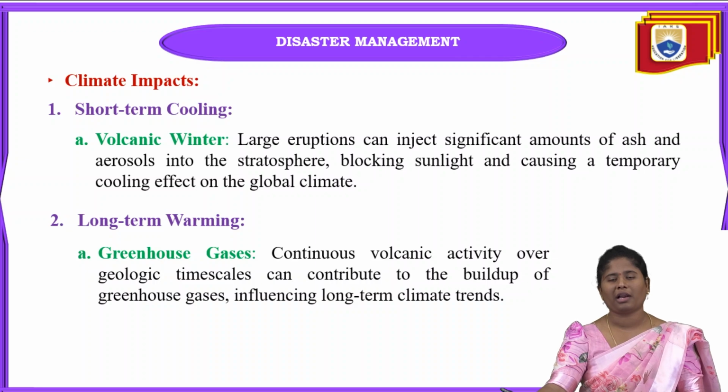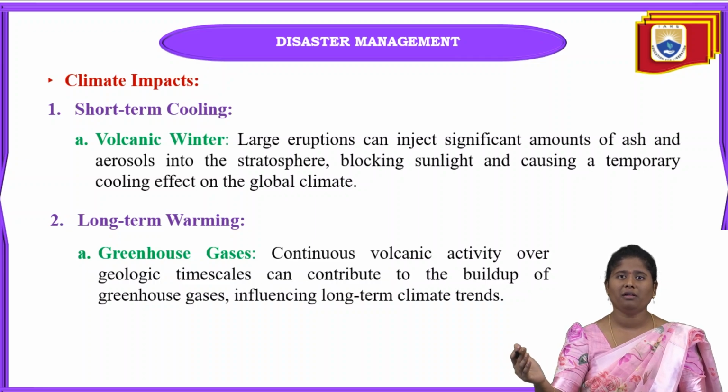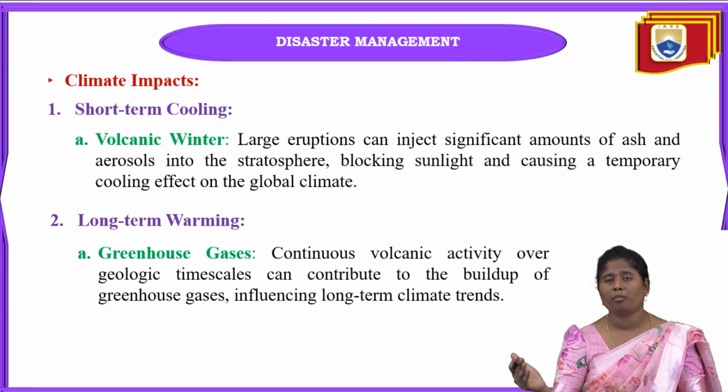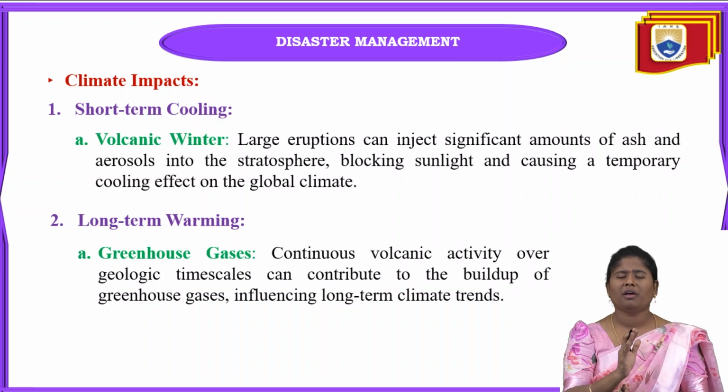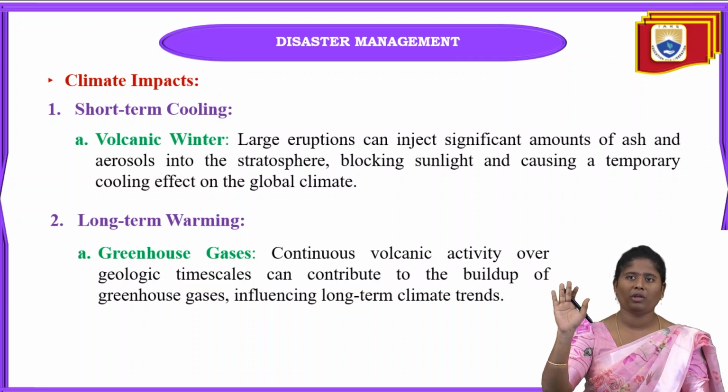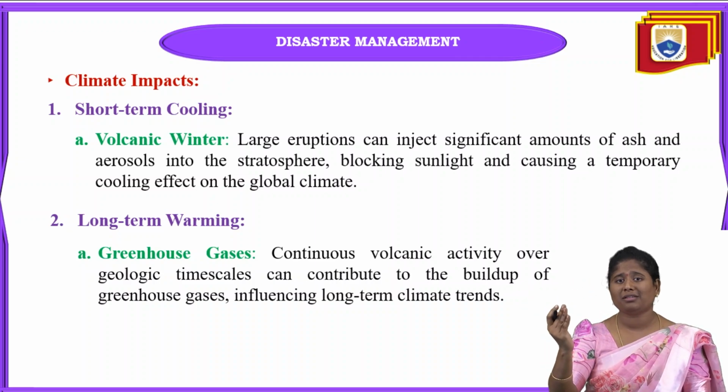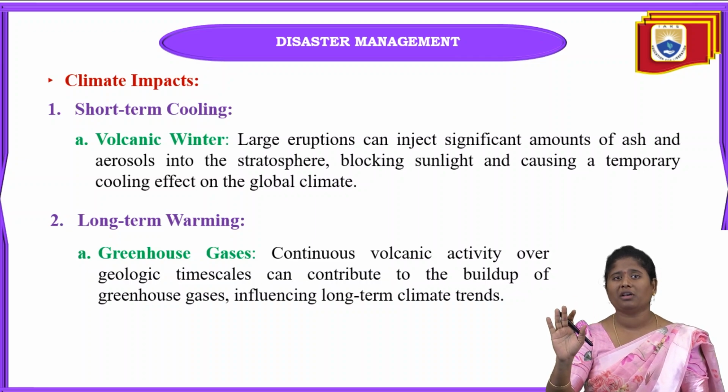And next one is climatic impacts. In this, the first one is short-term cooling. Because of large eruptions, many gases go into the atmosphere and aerosols form in the stratosphere because of sulfur dioxide gas. When sunlight is coming, these aerosols block the sunlight.